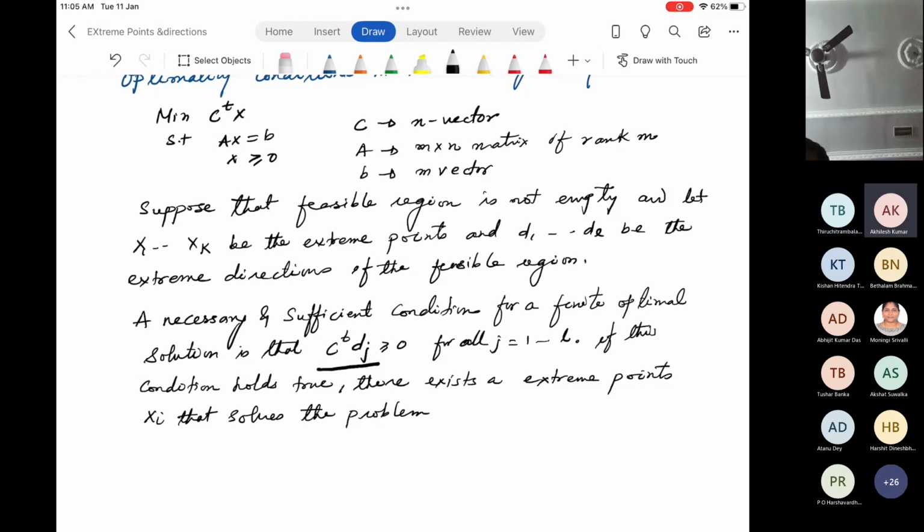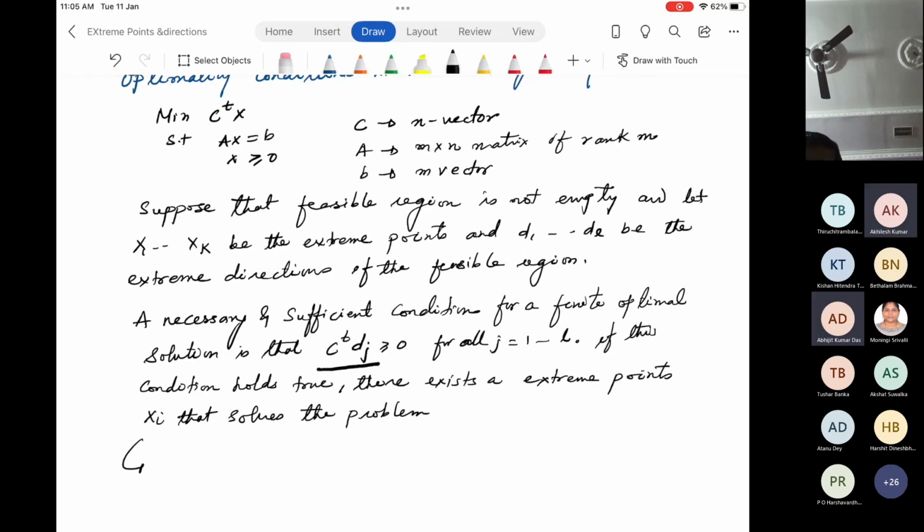So why does it give you the number of corner points or extreme points? See, it should be NCM. Yeah, it is NCM.